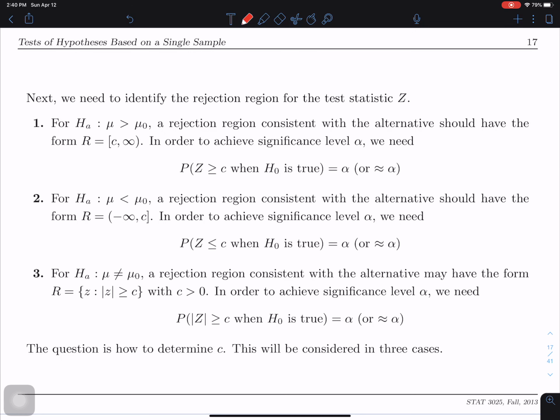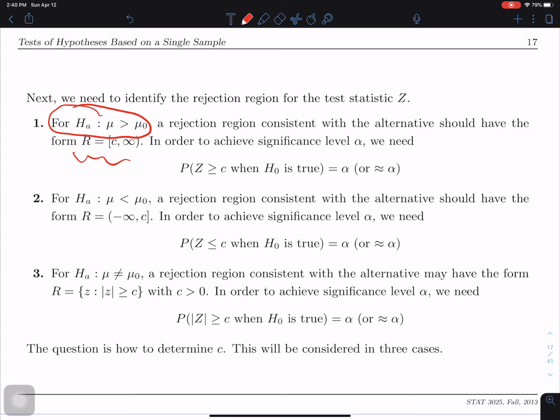And next, we need to identify the rejection region for the test statistic. For the first alternative hypothesis, the rejection region should have this form, right? That is to say, whenever your observed value is bigger than a constant c, then we should reject H0 and accept HA.